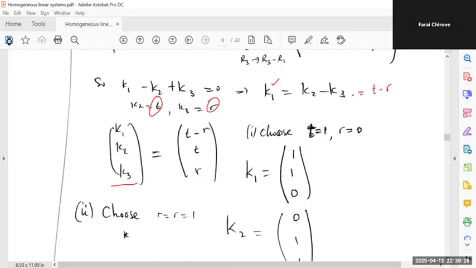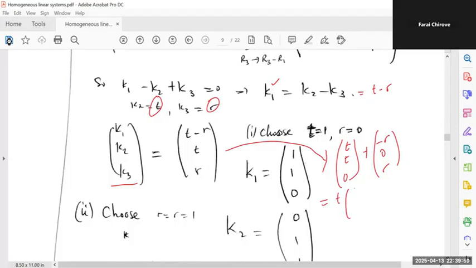So what we can do here, without doing what I did there, is we can expand this to T, T, 0 plus minus R, 0, R. Or you can then say T into 1 1 0 plus R into minus 1 0 1.